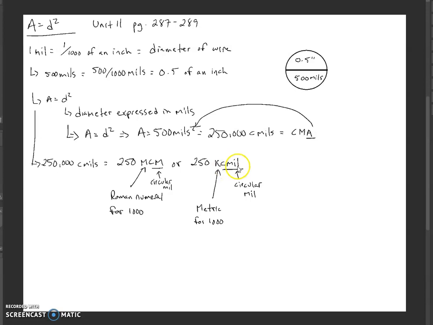On our cables, we'll have 250 MCM stamped on it, or they'll have 250 kcmil. And remember, there's a lot of information stamped right on our cables. If it's NMD or TECK or whatever, there's always all sorts of information, the voltage rating, the temperature rating, all sorts of things.